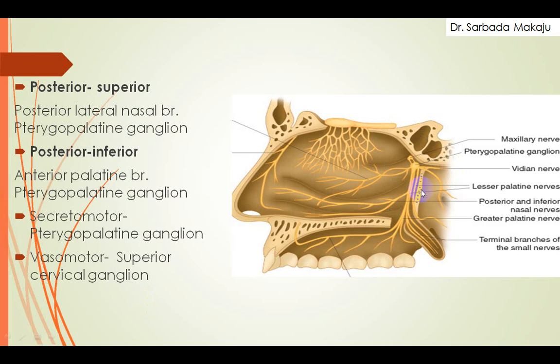The posterior inferior part is supplied by the anterior palatine branch of the pterygopalatine ganglion, and the secretory supply is also formed by the pterygopalatine ganglion, and the vasomotor supply is from the superior cervical ganglion.